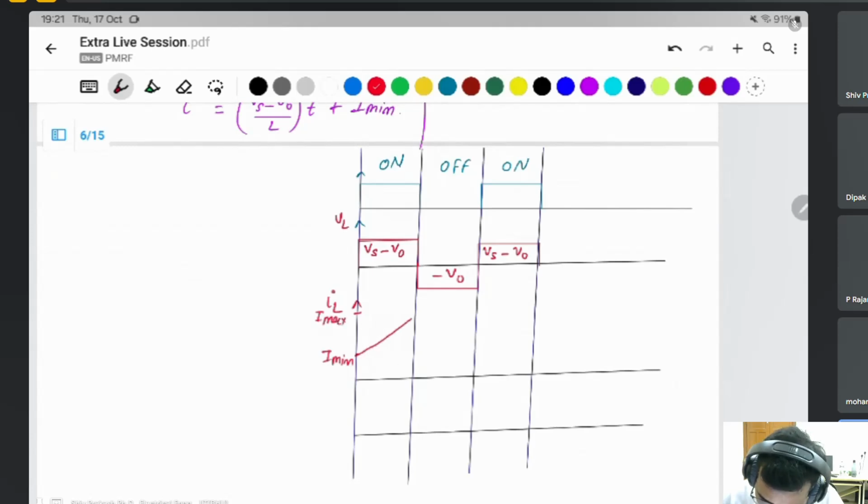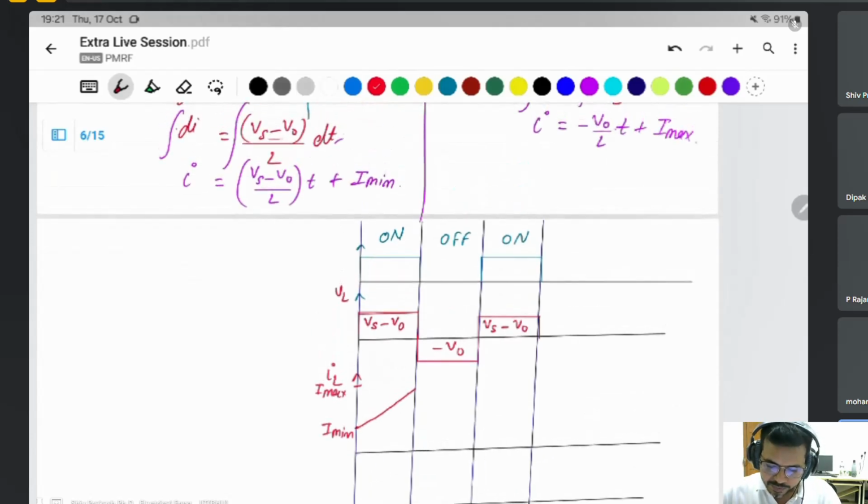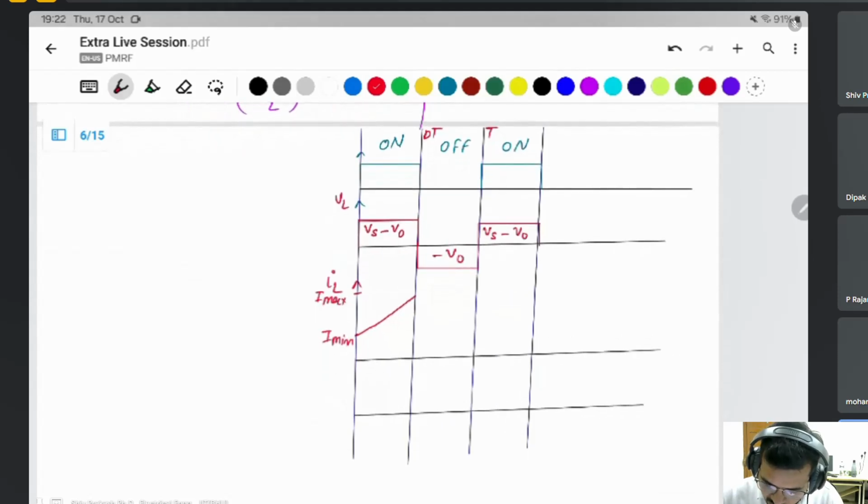It starts from I minimum to I maximum. This is the dT time, and this will be T. When the switch is off, a negative voltage appears and the inductor current will decrease from I maximum to I minimum. It will be like that.